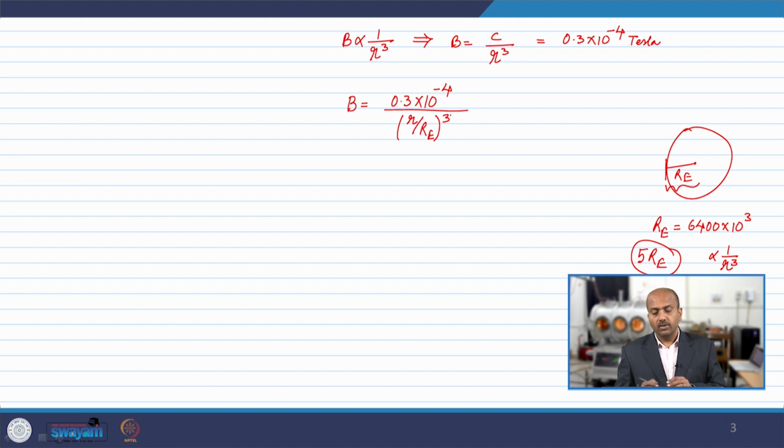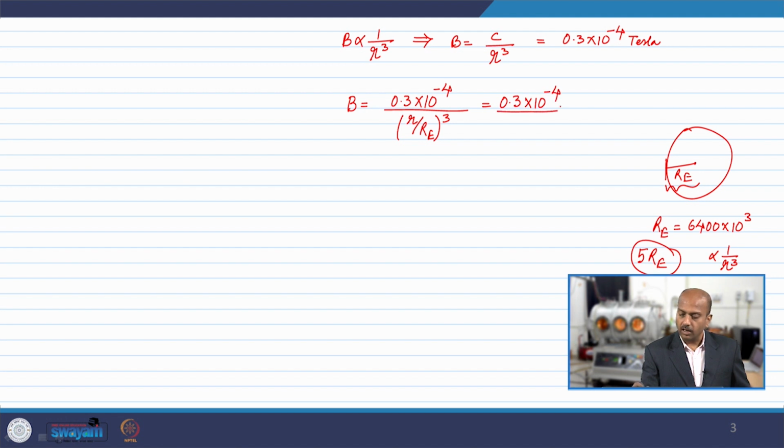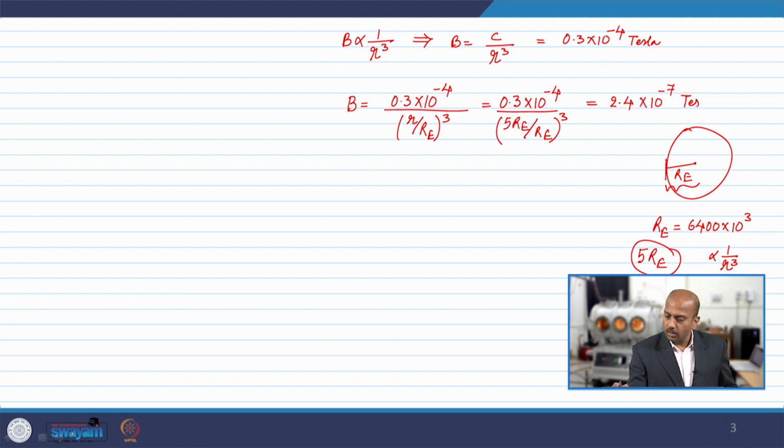R is the distance which is given in units of the radius of the Earth, so that is why I have put (r/Re) raised to the power of 3. So, we can write it as 0.3 × 10⁻⁴ Tesla divided by, how much is r? It is (5 Re/Re) whole cube, which will be equal to 2.4 × 10⁻⁷ Tesla.